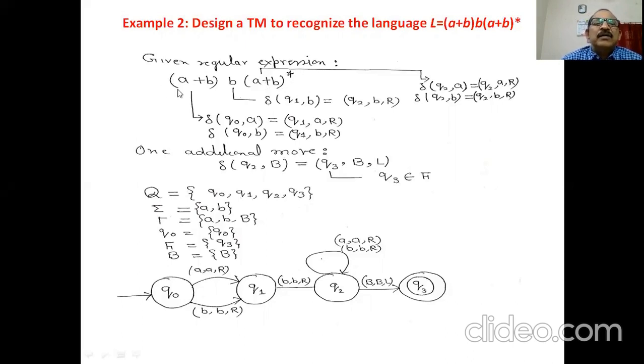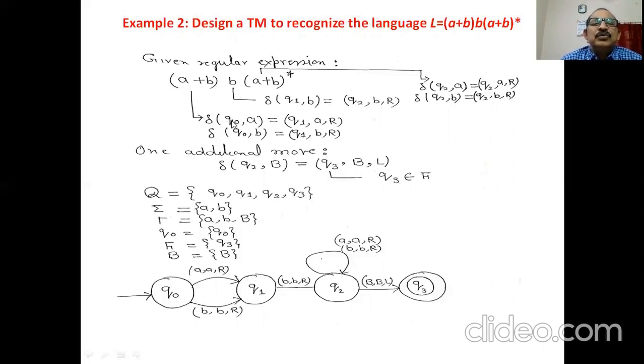Now let us start from this place. Here you can see the first symbol is either A or B. Okay, and we also know the machine always starts from the initial state. So how will you do these things?